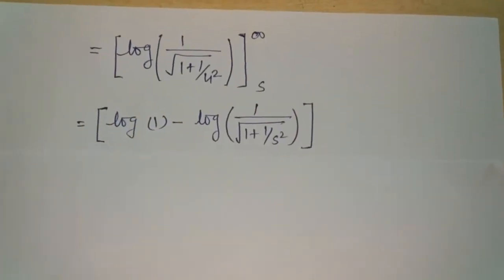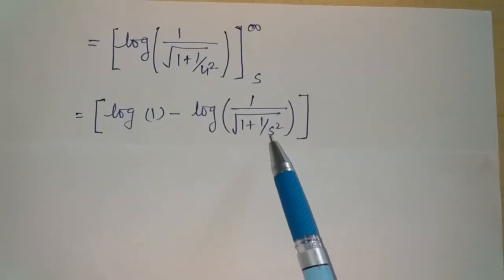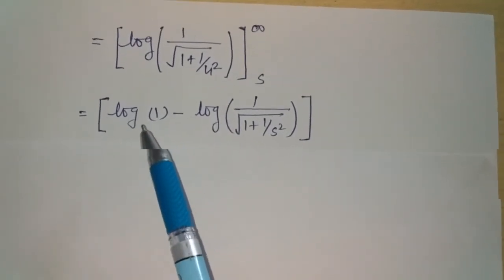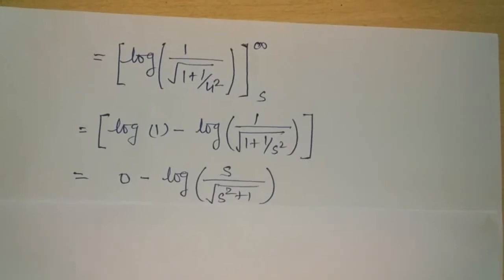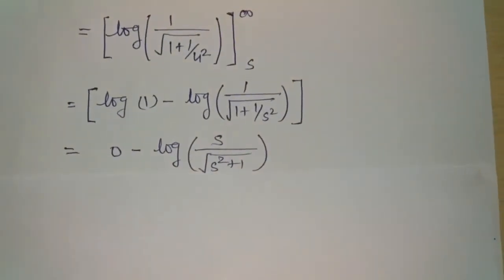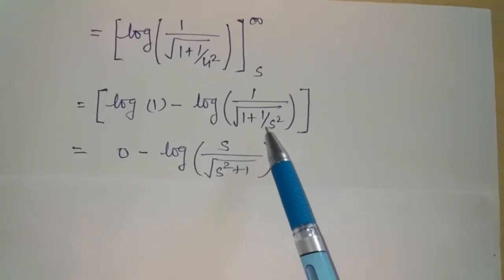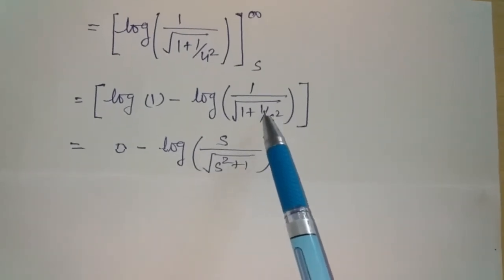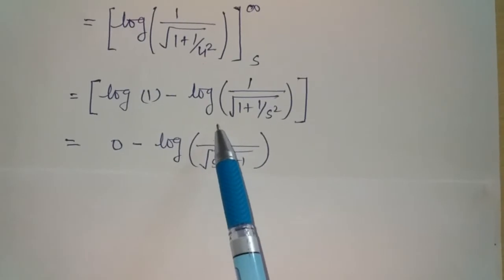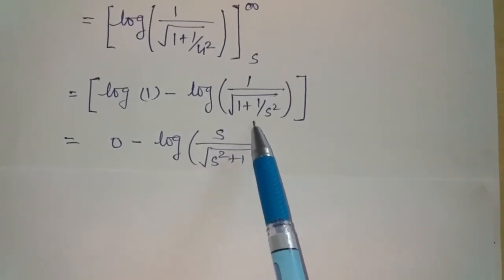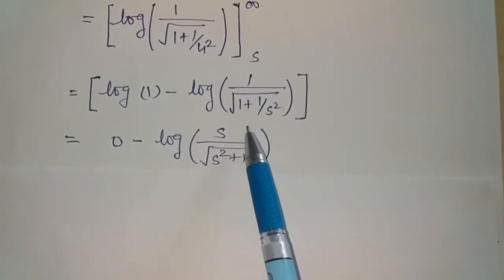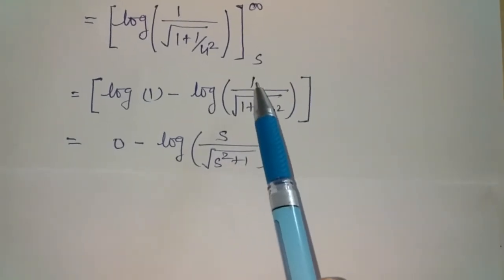So upper limit and lower limit gives this expression. Now log 1 is 0, so we have 0 minus log of s upon, here s square is LCM, so we get square root of (s square plus 1) upon s square, and the LCM s square, the square root of s square is s, which goes in the numerator.